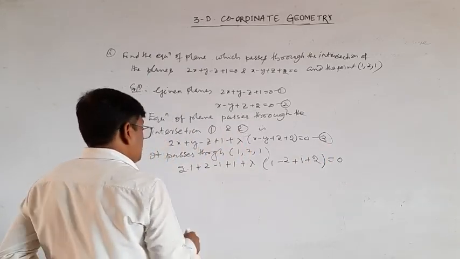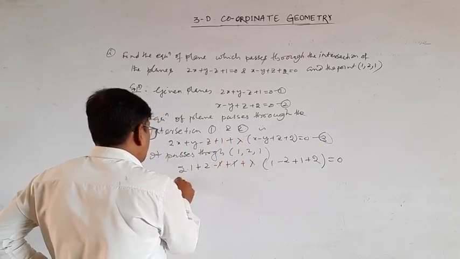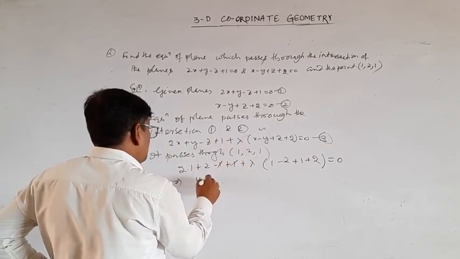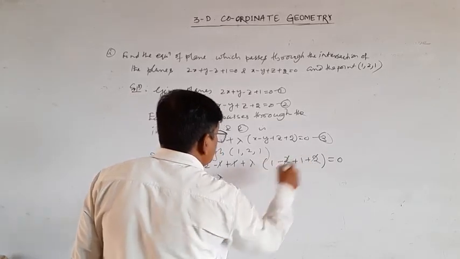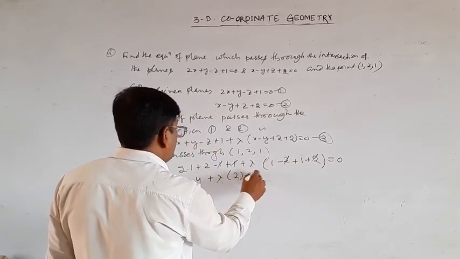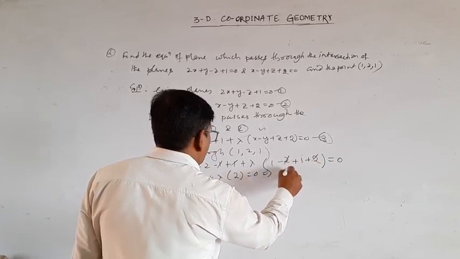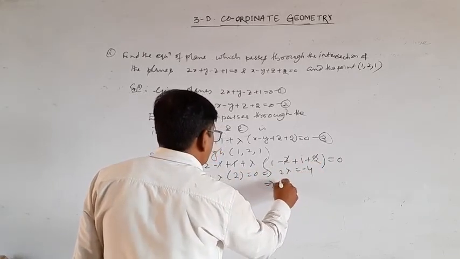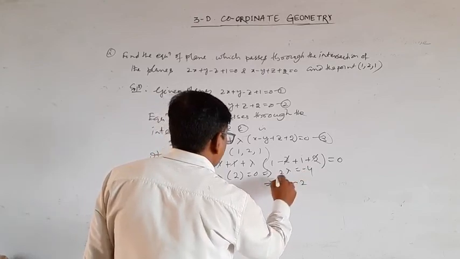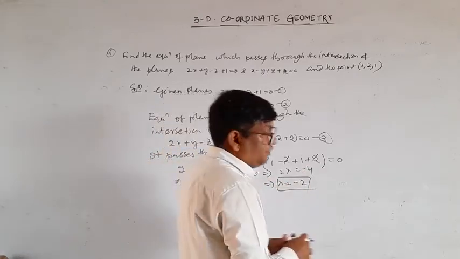That is plus 1 minus 1 cancel. This is 4 plus lambda into, plus 2 minus 2 cancel, that is 2, is equal to 0. So 2 lambda is equal to minus 4 and lambda is equal to minus 2.